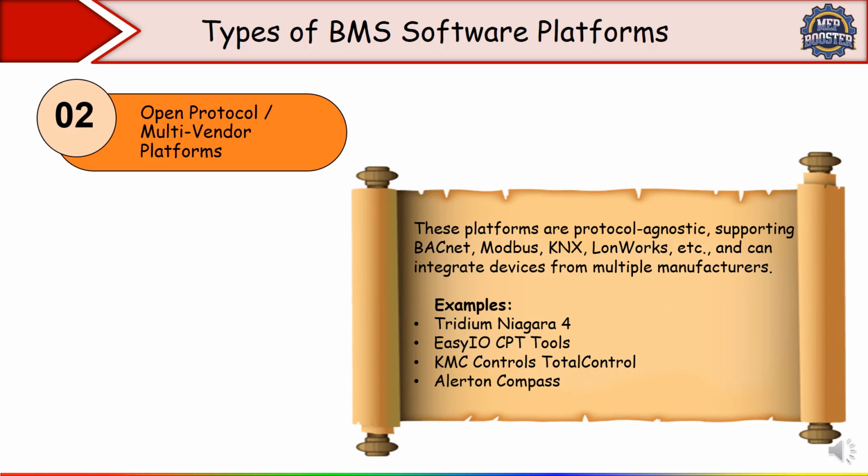This platform works with different brands of field devices and controllers, and is ideal for retrofit, expansion or multi-brand buildings. But the limitation is that it requires a skilled engineer for integration and setup. And one more disadvantage is that licensing per point or device can add up.